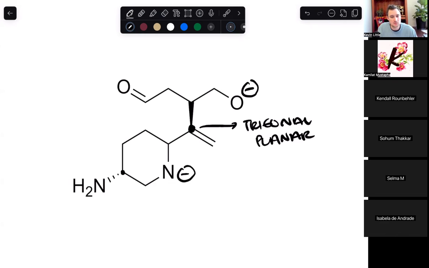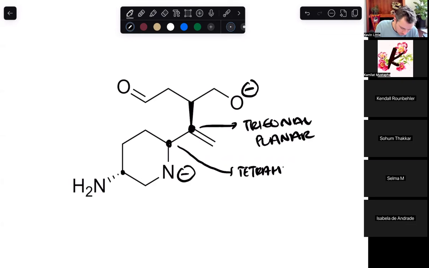It's got a dash, so that's convincing to me. Not everything else, though. That's also a chiral center. I think I missed that on the answer key. This needs to be tetrahedral. So this is an incomplete drawing. Whether this is a wedge or a dash matters.